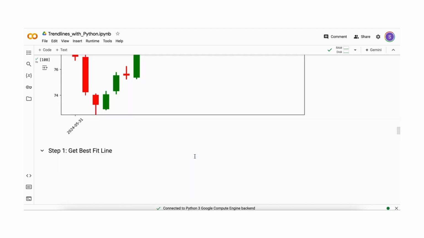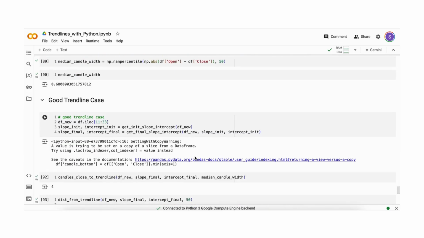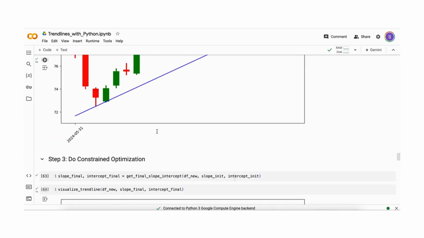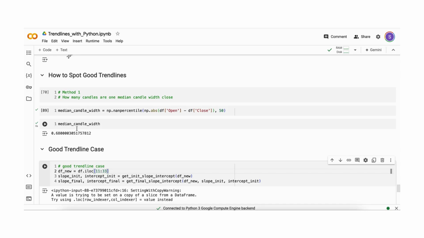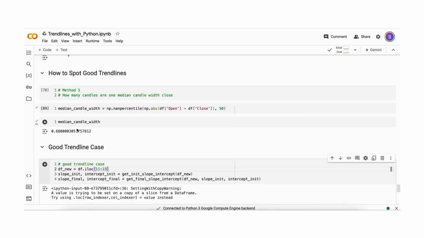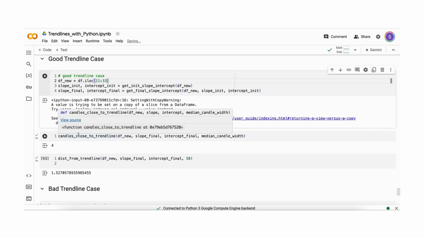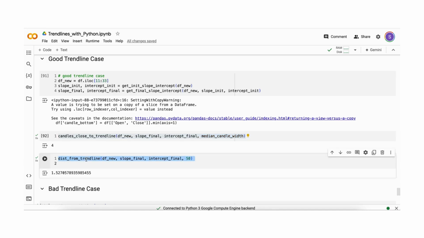And now we test out this strategy for our two cases, the good case and the bad case. So this is the good trend line case, which is this case here, and we find that there are 4 touch points, which are the candles close to the trend line. There are 4 touch points here, and the median distance of the candles is 1.52.